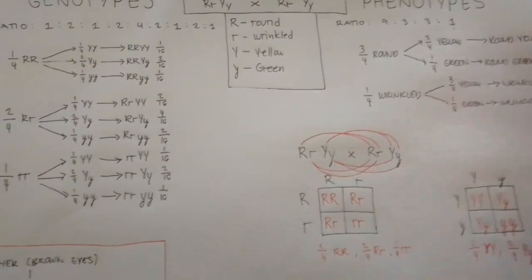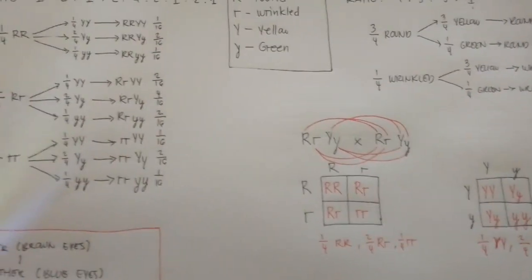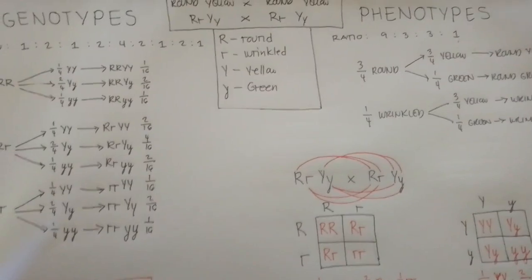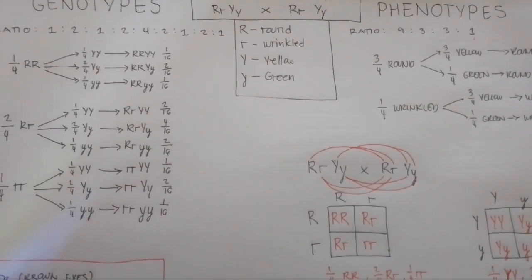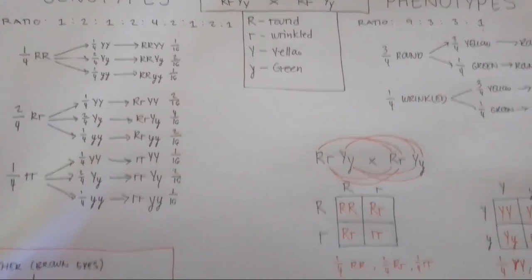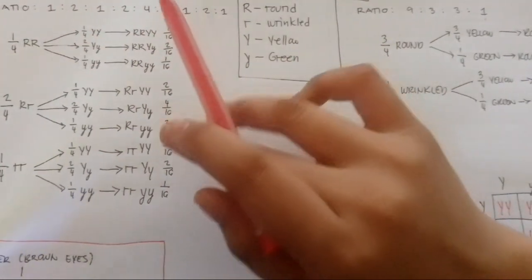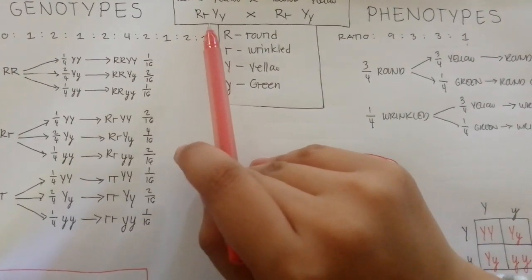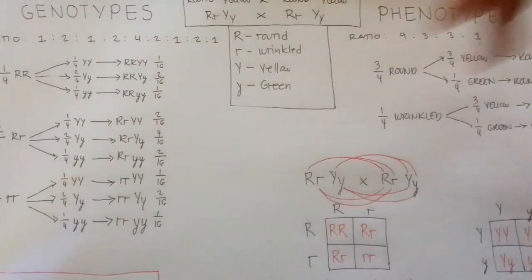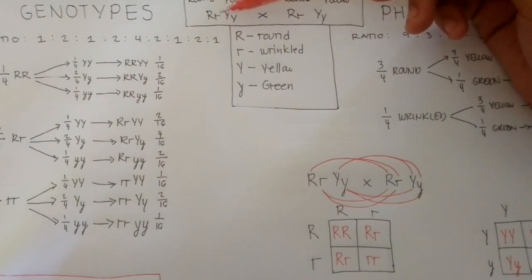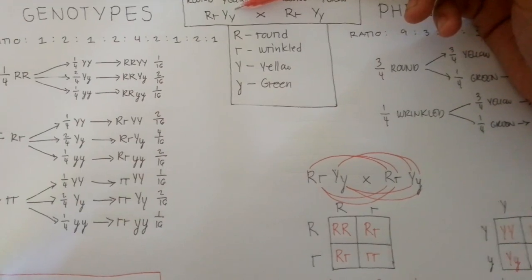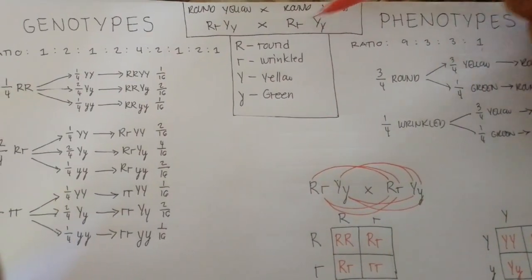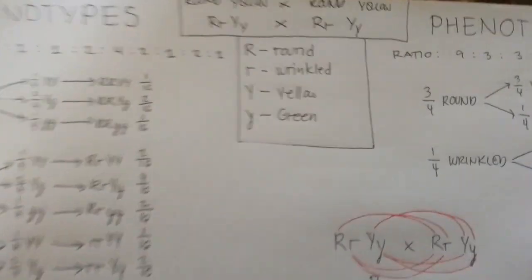We're going to talk about getting the genotypes and phenotypes in an easy way, without using a Punnett square. It is an alternative to the Punnett square. The first one here is a dihybrid. So, Rr, heterozygous dominant, heterozygous dominant, heterozygous dominant, heterozygous dominant.